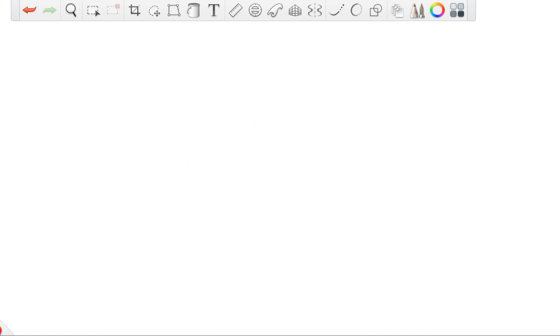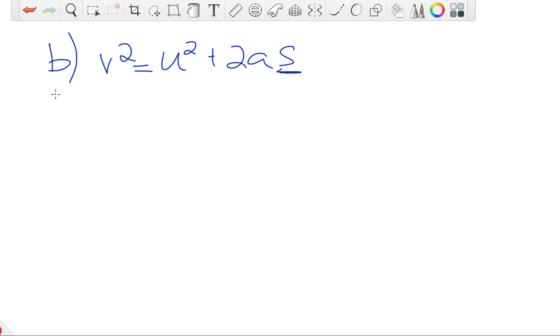Okay, let's look at B. It wants to make s the subject. So we have v squared equals u squared plus 2as. We want s to be the subject. So first things first, because u squared doesn't have any s with it, we can bring it to the other side.